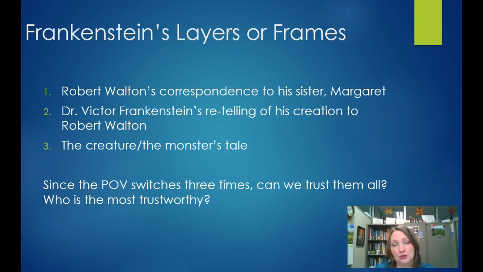This story, this short novel, is framed in such a way that we don't hear from one narrator, we hear from multiple, and because of that, one of the questions we should have as readers is who can we trust and whose story is authentic. We're hearing things second and third hand, and so is it glorified? We know after reading that Mr. Walton is enamored with Dr. Frankenstein.